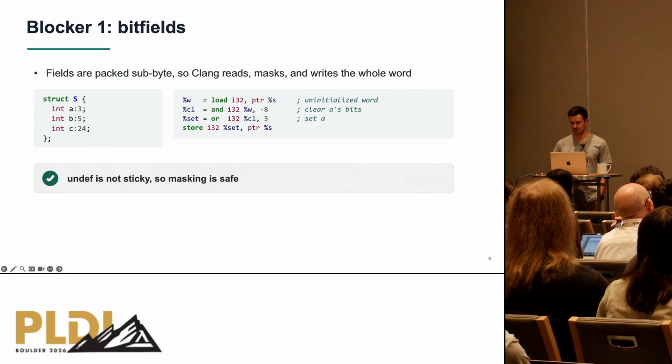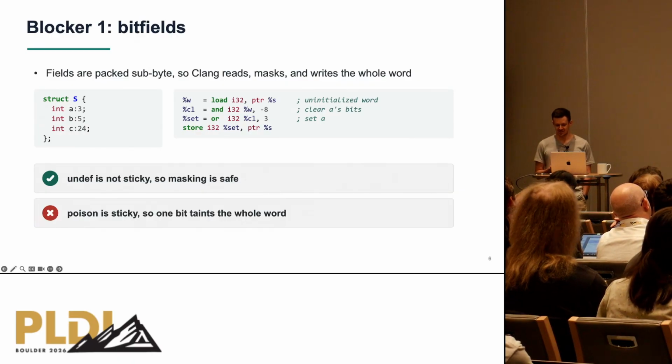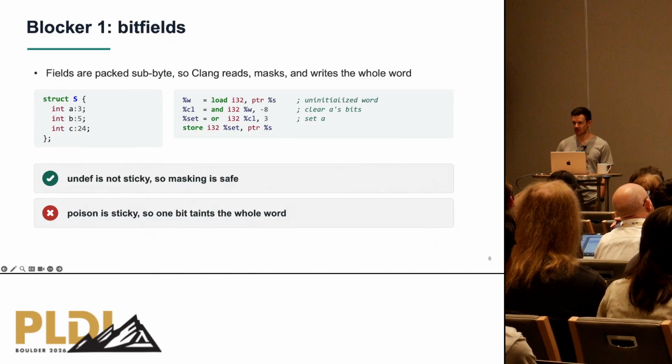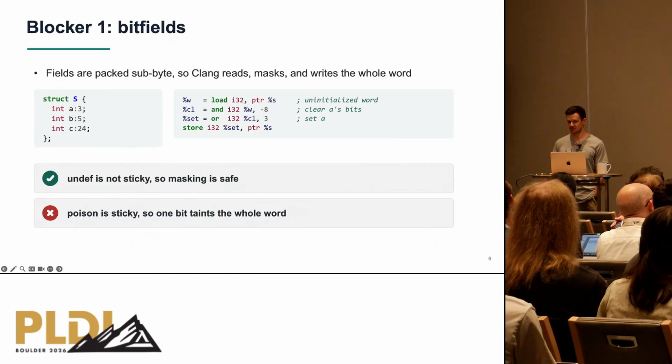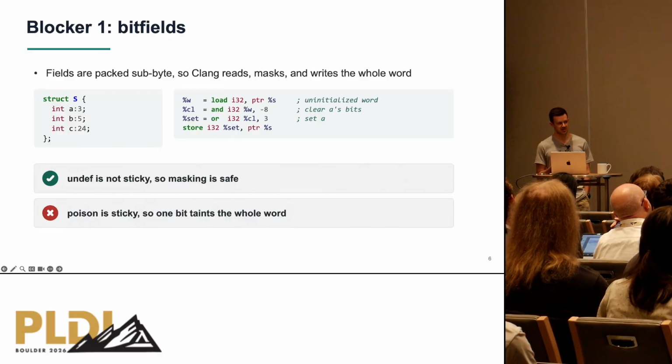Today, this is correct because Undef is not sticky. But because poison is sticky, if the original load contains a single poison bit, a single uninitialized bit, the whole load will be 32 bits of poison. Then we end up storing this poison value to memory, which overrides the existing bit field values.